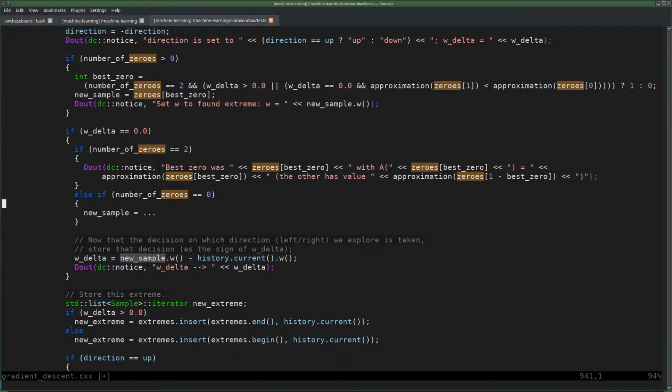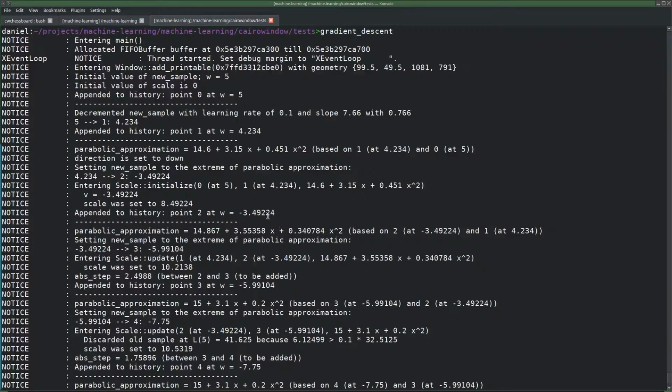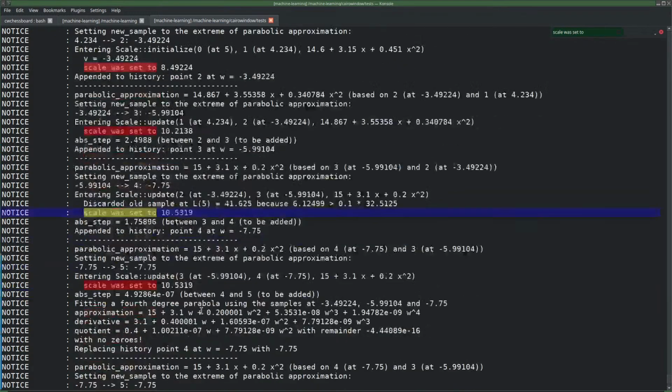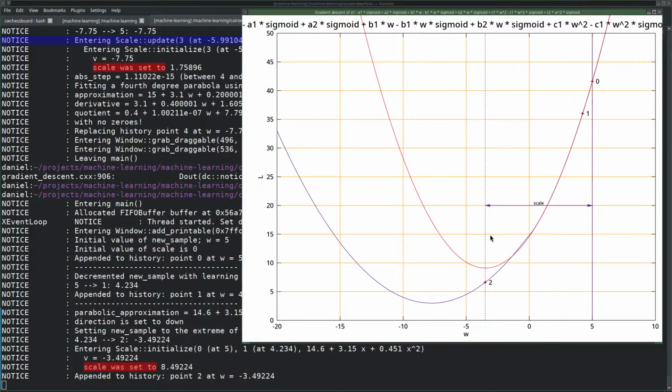I think the scale is set to something negative. Does it print it? Scale is positive here. Positive all the way. Scale is positive. Okay, so I don't know. Apparently, if we go to the left, the scale is positive. Pretty sure that I picked the scale negative if it's the other way around.